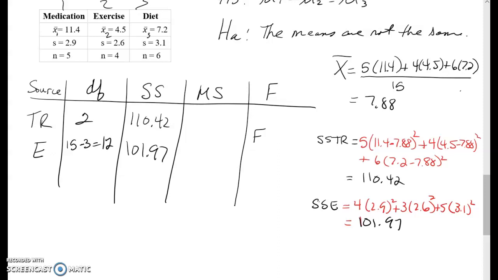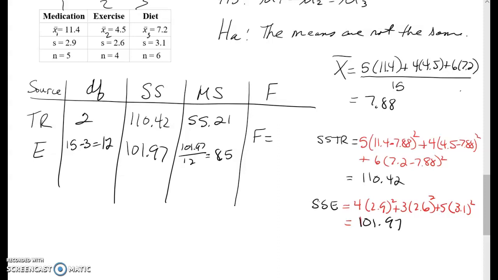Now, the rest of these calculations become a little bit easier. They're the two hardest ones you need to do, because the mean sum of squares is simply going to be the treatment sum of squares divided by degrees of freedom, which is 55.21. Then the error mean square is going to be 101.97 divided by 12, which comes out to 8.5.